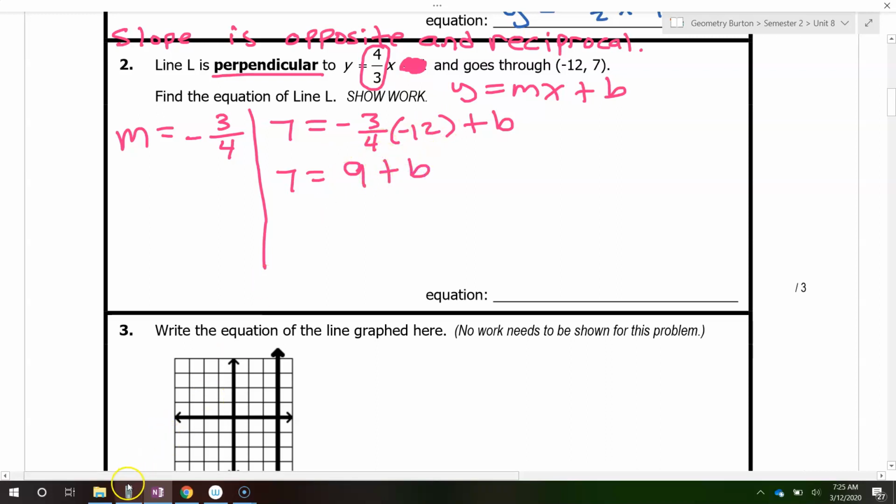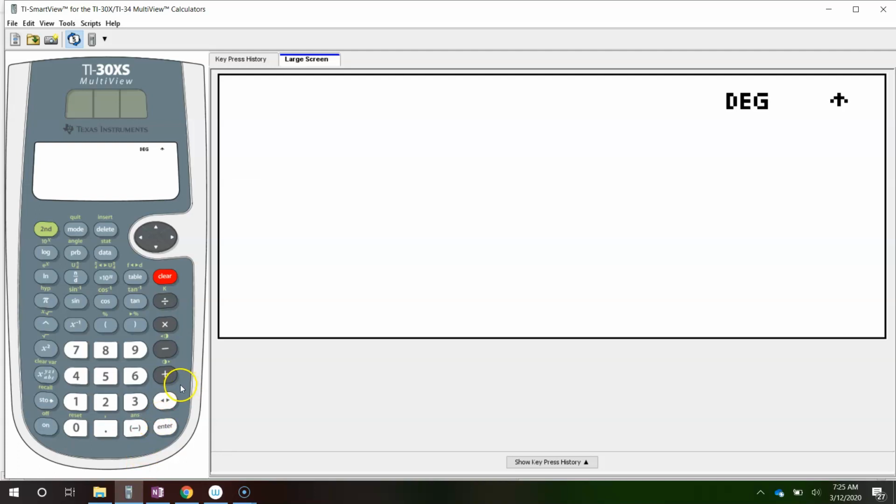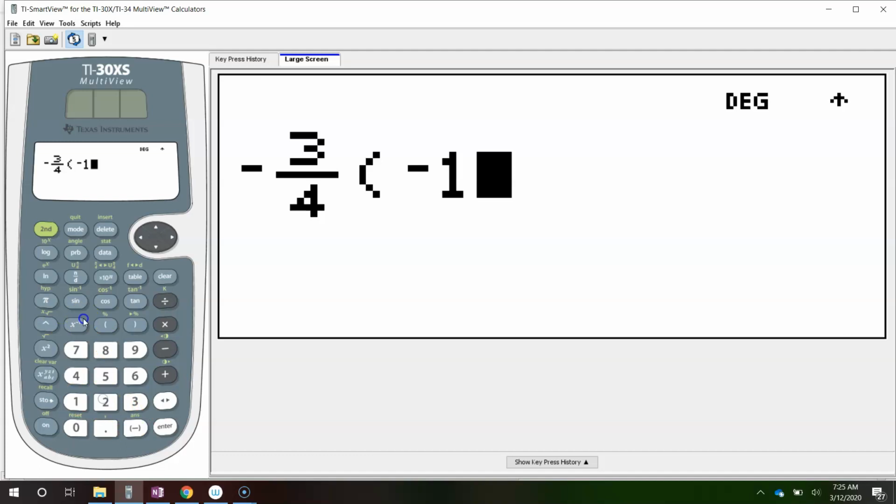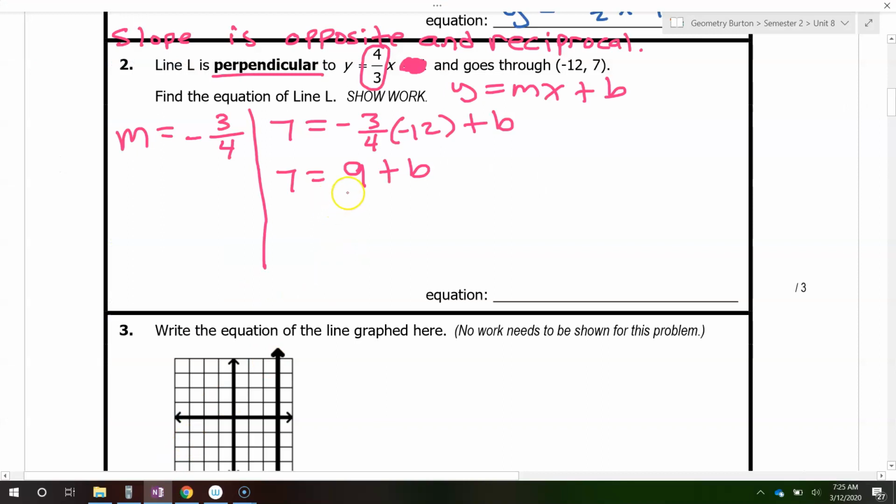Now if I lost anybody, then you can use a calculator. So we have -3/4 times -12. You can do it that way if you didn't follow what I said. Either way, you're going to get +9, and then we subtract 9 from both sides, and that's going to make -2.